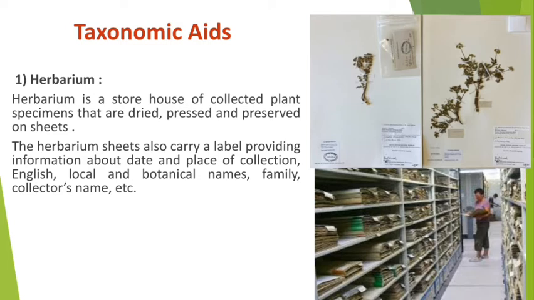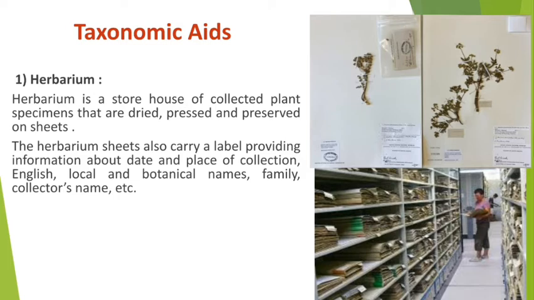Now if you want to learn about any such plant, that plant will be present in that herbarium, and with the help of that herbarium you will come to know about that plant: its family, botanical name, local name, who collected it, the date, and the place of collection.